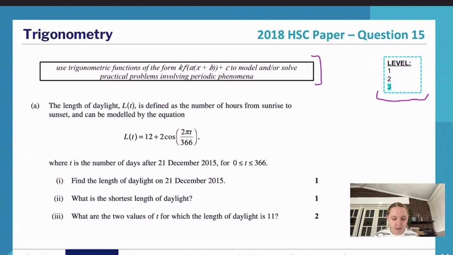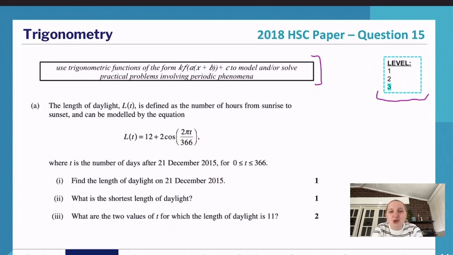And with each of them, we'll look at what syllabus point relates to that question. Okay, so this question is from the 2018 HSC paper, question 15. The syllabus point it's most relevant to is: use trigonometric functions of the form k f(ax + b) + c to model and/or solve practical problems involving periodic phenomena.